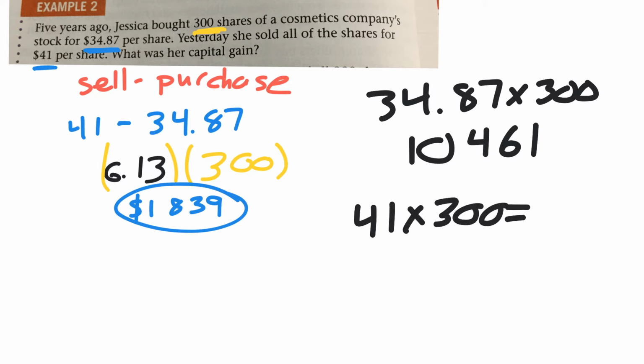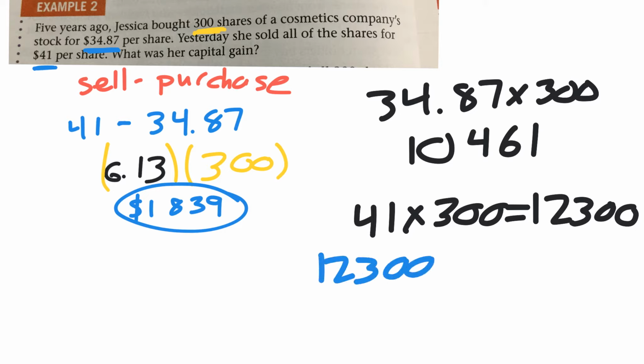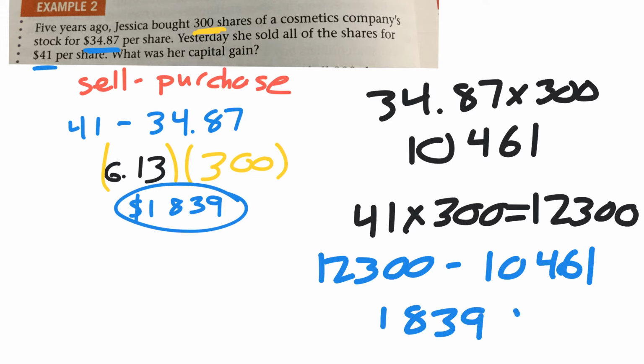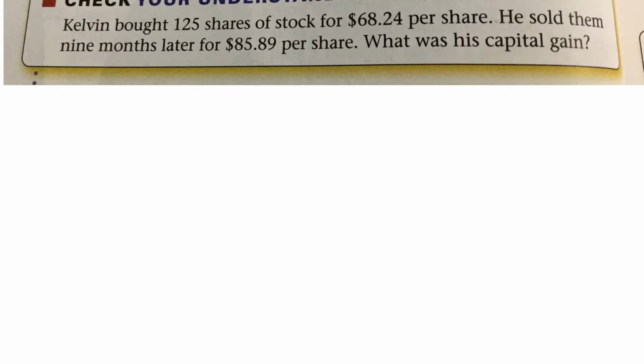So when you multiply that, you get $12,300 that she sold the shares for. And so they do $12,300 minus $10,461 to give $1,839. You can do it either way, whichever one makes more sense to you.